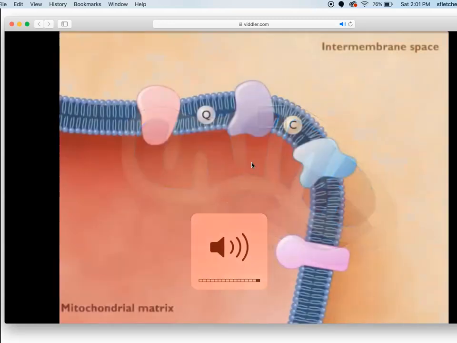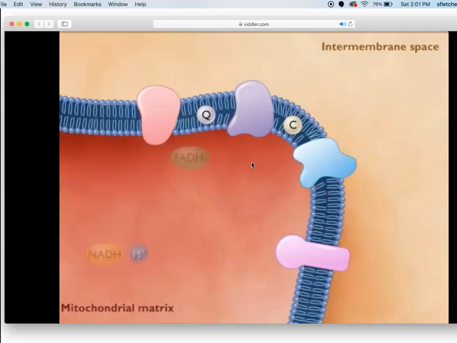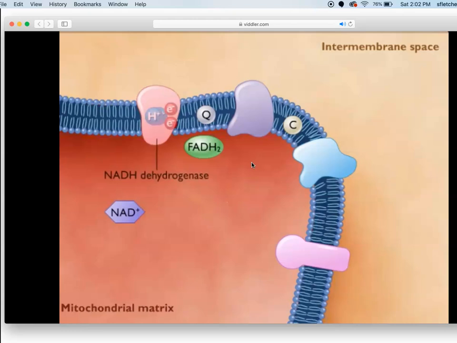When glucose is oxidized during glycolysis and the citric acid cycle, NAD+ and FAD are reduced to NADH and FADH2, and hydrogen ions, H+, are released. In the mitochondria, the electrons from NADH are transferred to the electron transport proteins, and the hydrogen ions are transferred across the membrane.